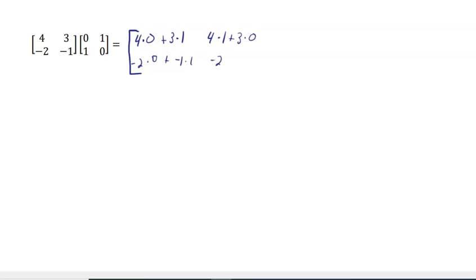And we have negative 2 times 1 plus negative 1 times 0. Again, as I pointed out the other day, there is going to be some pattern here as we do matrices. So you'll notice that the first element here and the element down here, right? 4 times 0, negative 2 times 0. That number should be the same if you're doing this the right way.